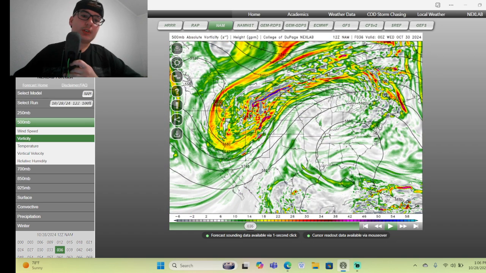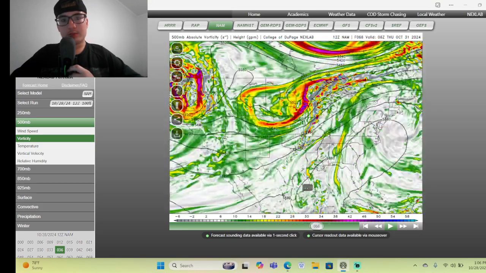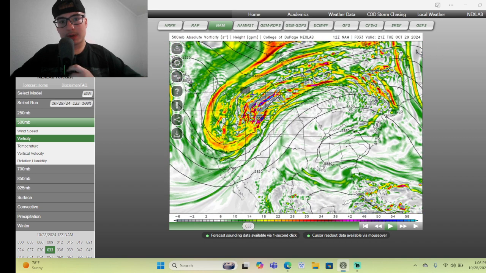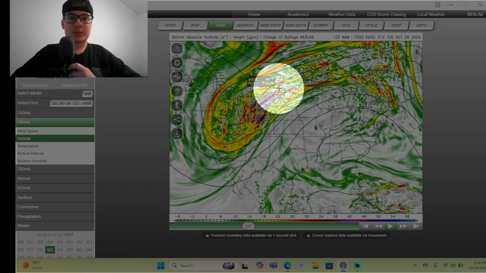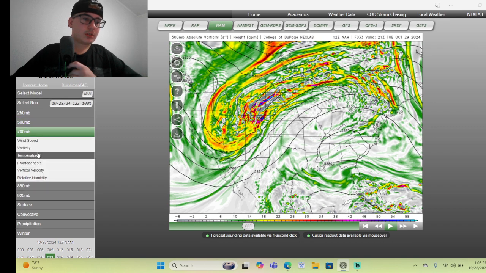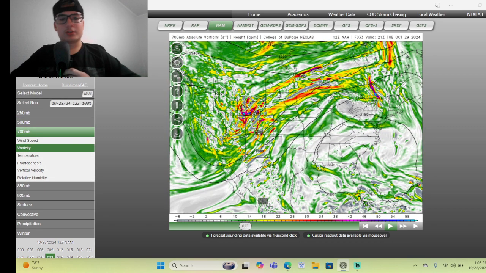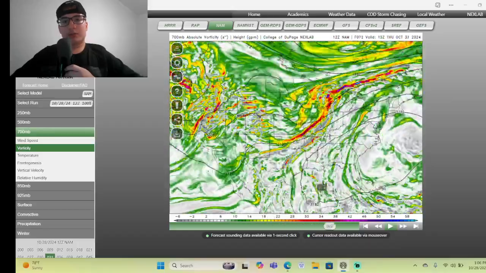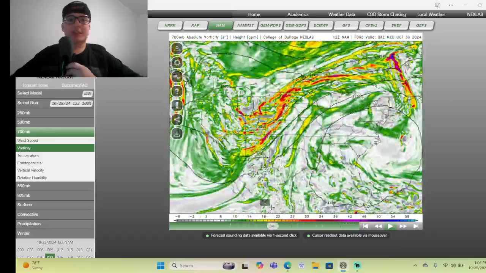This trough is really going to be digging way down into the atmosphere. You see how it's kind of positively tilted here. We can see that even on the 700 millibar, which is usually like 20,000 feet up into the atmosphere. You can see that really going into Wednesday into Thursday.